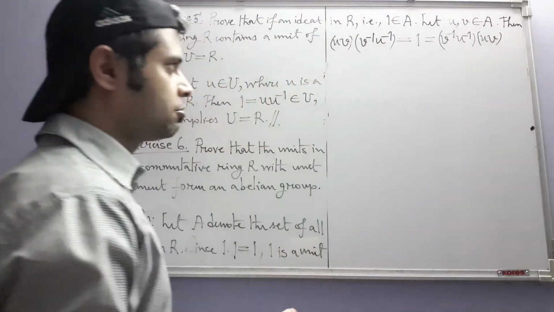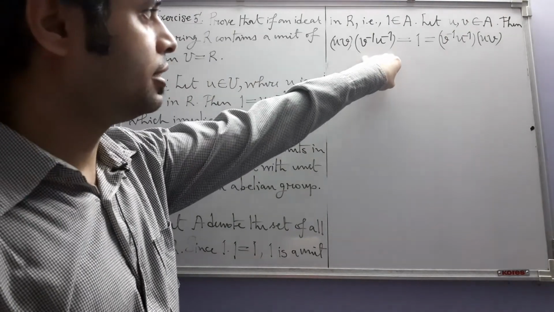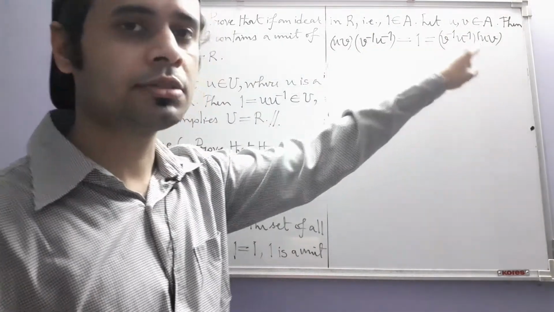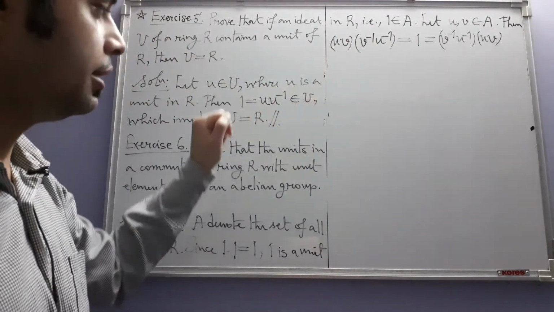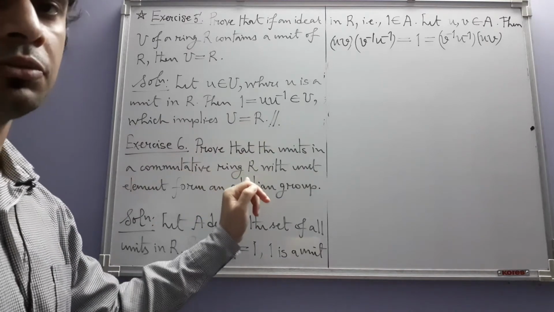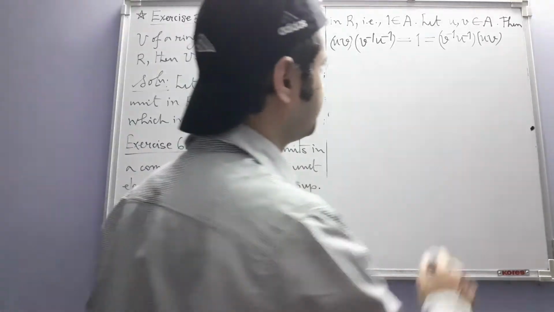Keep in mind that to show that an element is an inverse of some element, you have to check that both these products are equal to 1. In this case, we don't really need that because our ring is a commutative ring, but in general we need that.